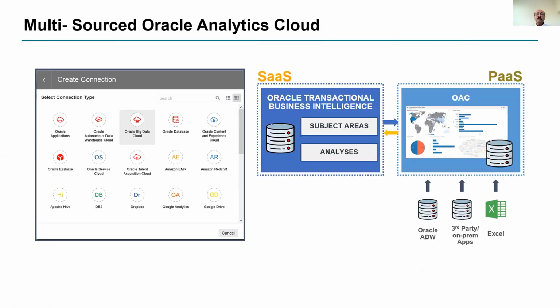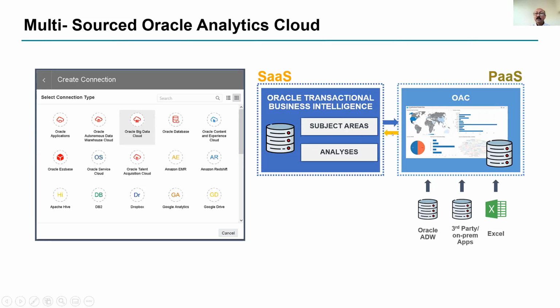So now let's look at Oracle Analytics Cloud, which is a PaaS technology, and it has connectors. It can connect to ADW or other applications. FAW is a combination of OAC on top of ADW from an architecture perspective. OAC can also connect to subject areas in SaaS through OTBI.